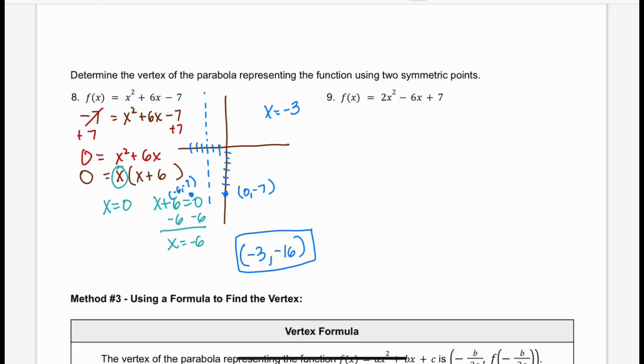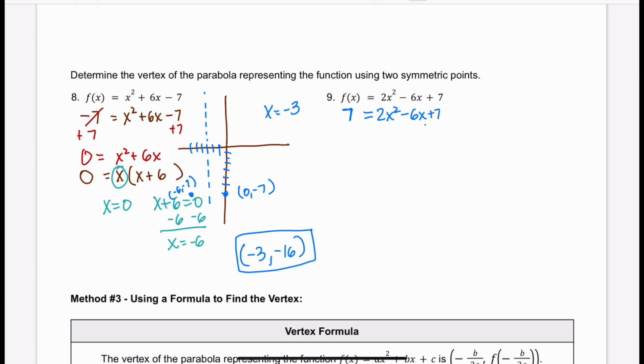Okay, we're going to do the same thing. If I put a 0 in for the x's, I have a y-intercept at 7. So what I'm going to do is I'm going to get another y. I'm going to find a symmetric point by putting a 7 in for the y value. 7 equals 2x squared minus 6x plus 7.